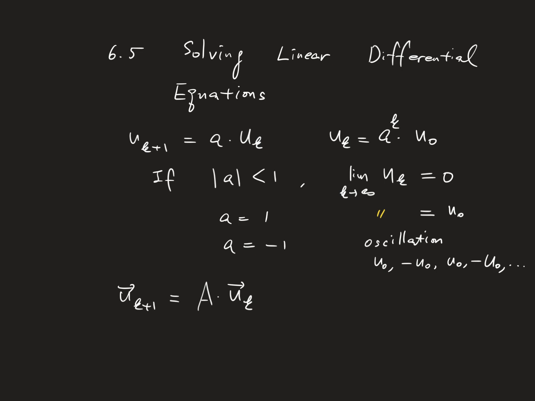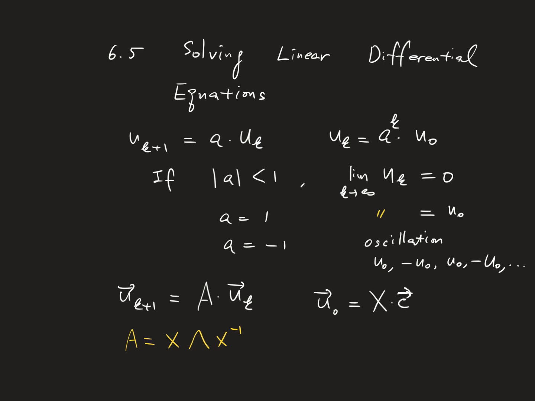So we write A as X times Lambda times X inverse, and we also decompose the initial condition vector u_0 into this form: X times some c vector.